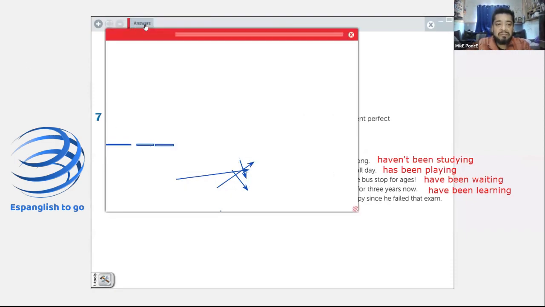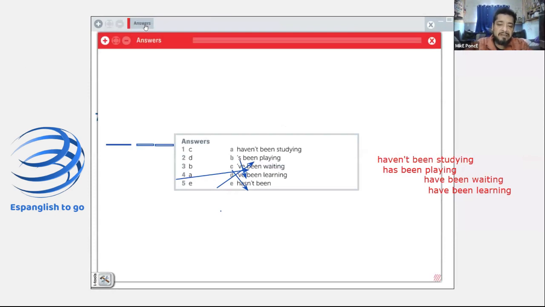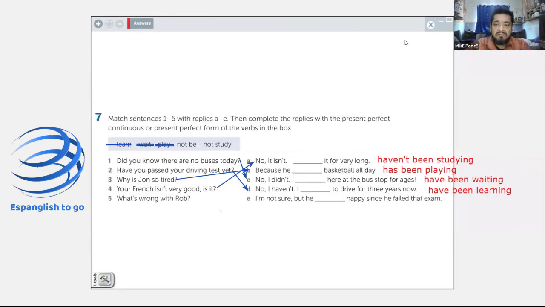In this case, we have letter E. Hasn't been with in present perfect. So we have used in the previous answer the verb to study, and now in this moment we will use the verb to be in negative.